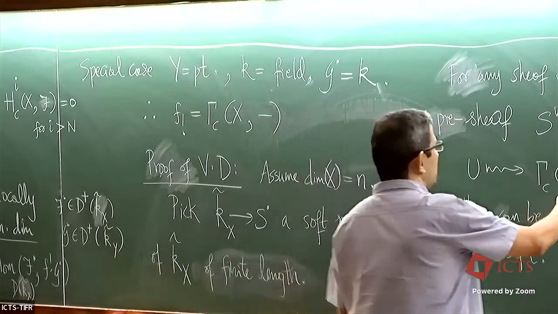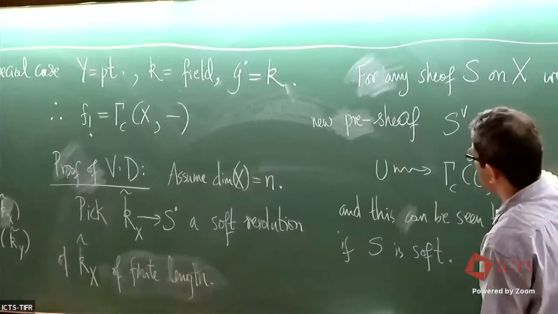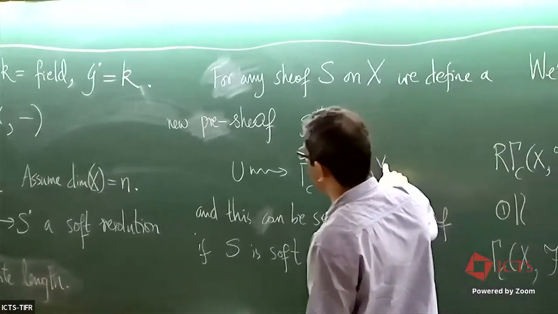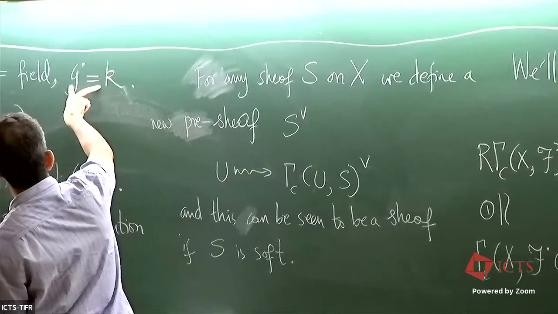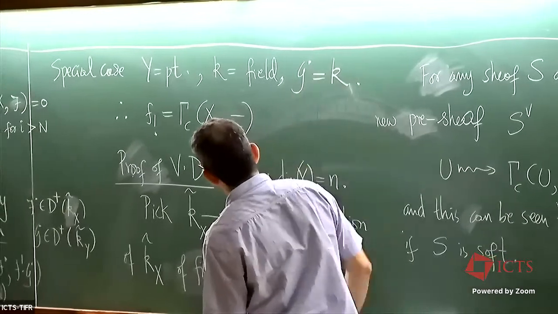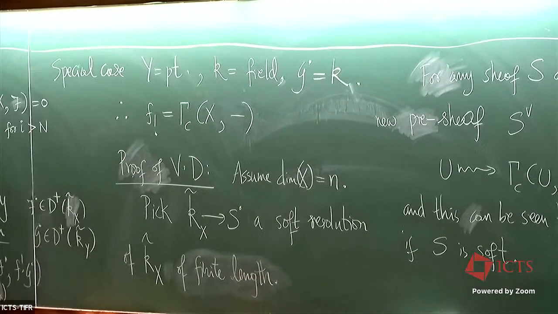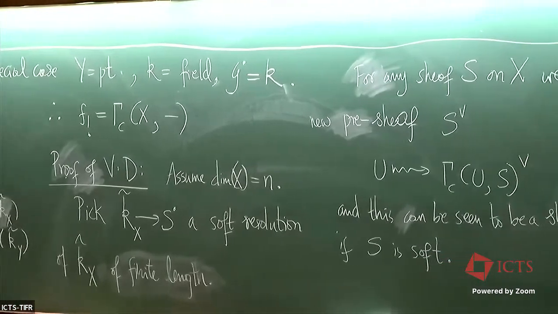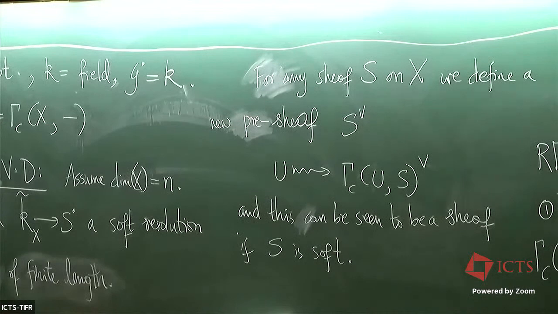On the other hand, when you dualize here, you will have to dualize it with respect to some injective K-module, because of course, when K is not a field, you cannot simply assume G dot is K. You'll have to assume G dot is a complex of injectives. So you will have to dualize it with respect to a fixed injective module and check this. But once you assume that, everything else again holds.